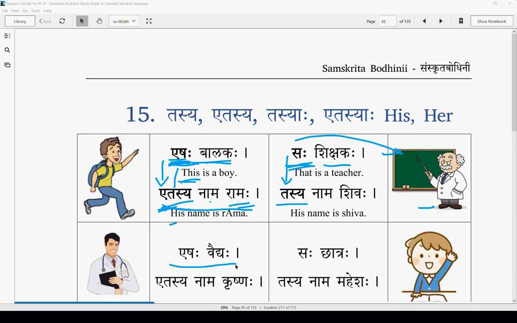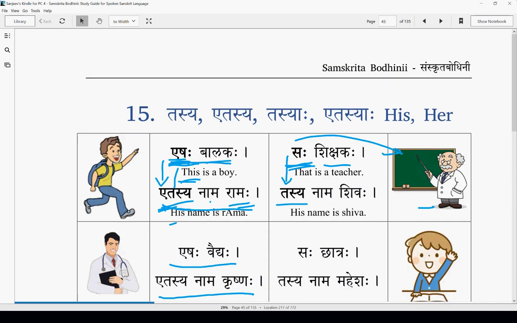Similarly, we have Eshaha Vaidyaha. And what is this? Somebody can read this. Krishna. Full sentence. Etasya nama Krishnaha. And this one.